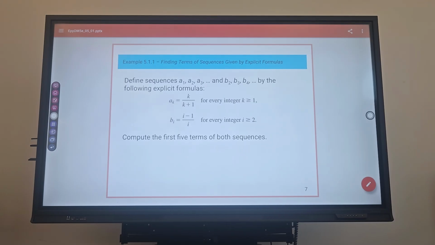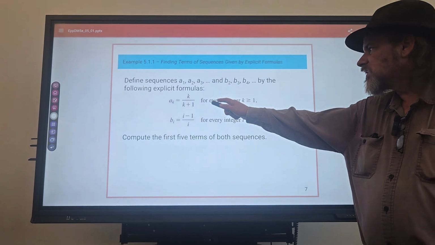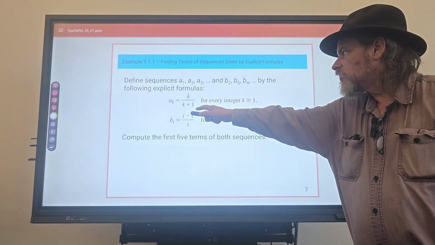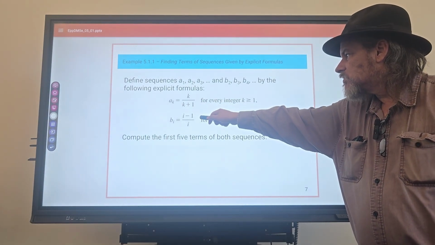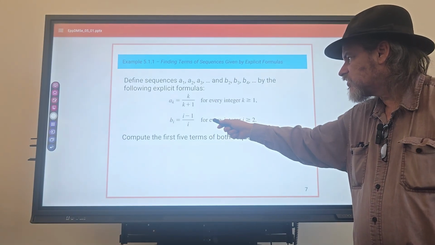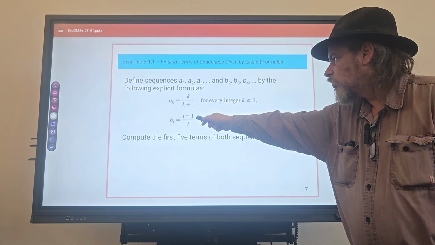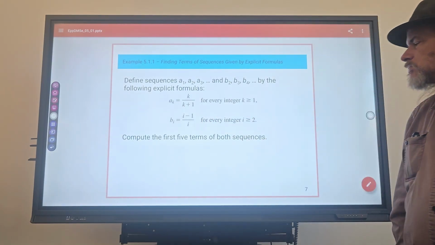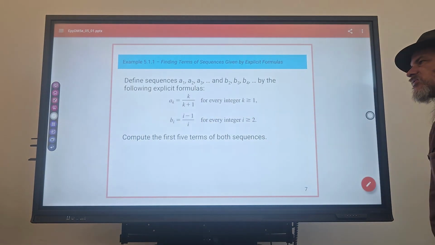It's easy to see that for k equals 1, A is 1 over 2. And for i equals 2, B would be 1 over 2 as well. And you can see it calculated out.